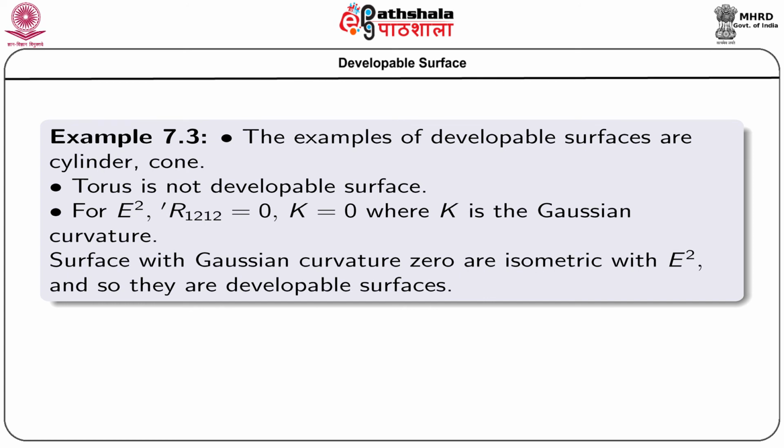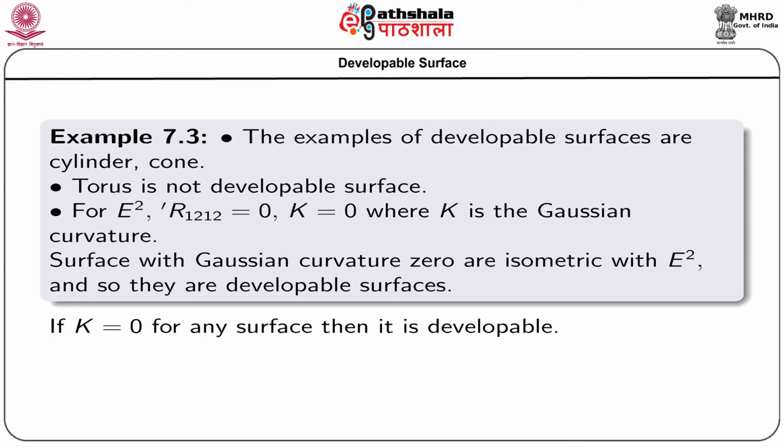The surfaces with Gaussian curvature 0 are isometric with E2, and so they are developable surfaces. So, this is an important idea that if we obtain that the Gaussian curvature is 0, then the surface will be a developable surface. So, we can assert that if K equals 0 for any surface, then it is developable.